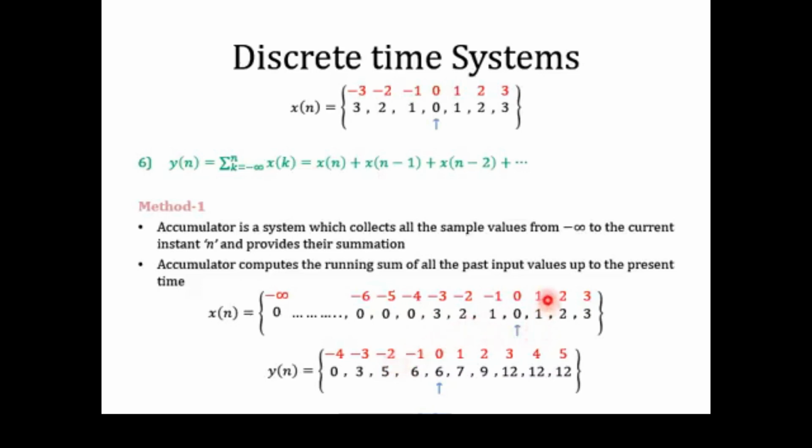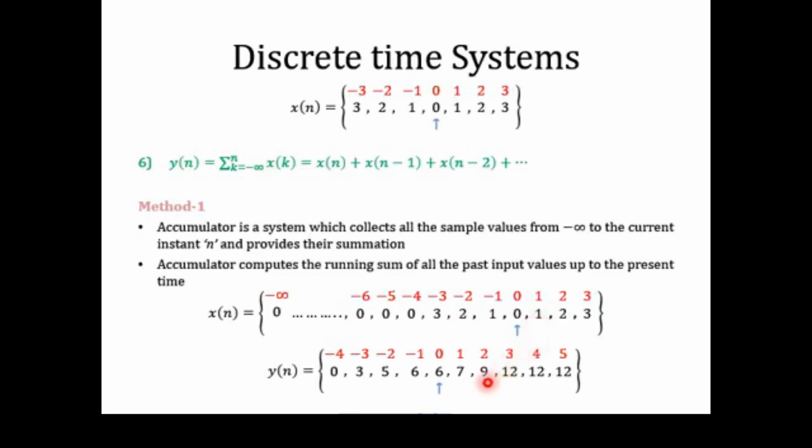For example, we are going to calculate the sample value corresponding to 2 index. So what we have to do is add all the sample values of x of n from minus infinity up to the current index value. So 3 plus 2 is 5, 5 plus 1 is 6, 6 plus 0 is 6, 6 plus 1 is 7, and 7 plus 2 is 9.